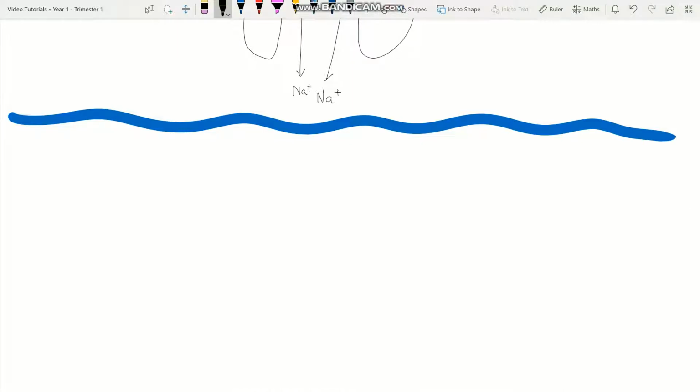The next type of receptor that I wanted to go through today was a G protein coupled receptor. Now, these receptors were actually a little bit more complicated than ligand-gated ion channels.